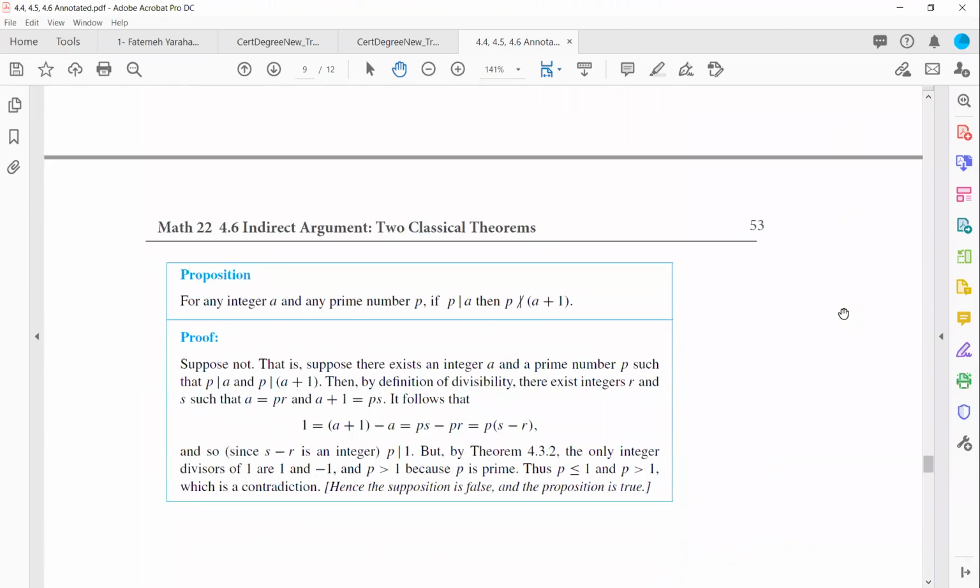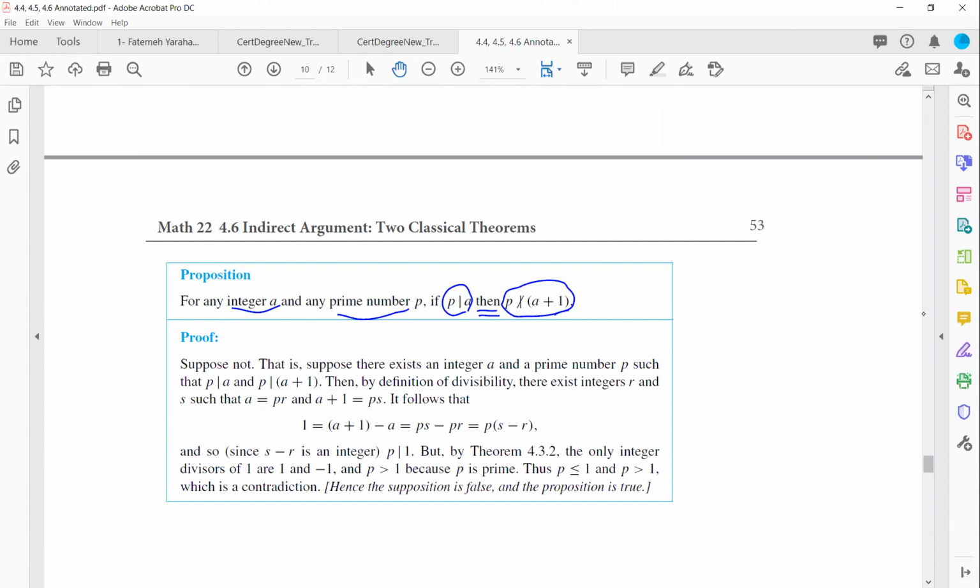And finally, a proposition for you. For any integer like a and any prime number like p, if p divides a, for sure you can say that p doesn't divide a plus 1. How do we prove that? Suppose not.